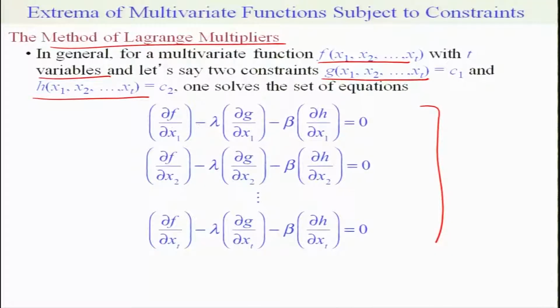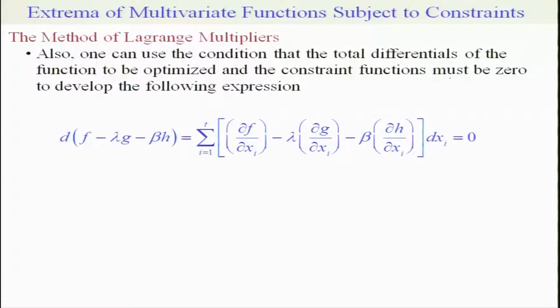Similarly, we have to take these first derivatives with respect to the different variables up till xt, and this must be equal to 0 in order to get a maximum value of such a function given the constraints g is equal to c1 and h is equal to c2.